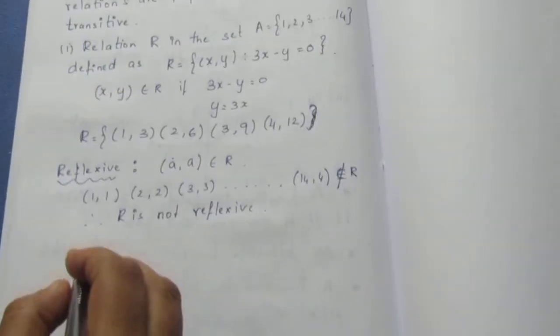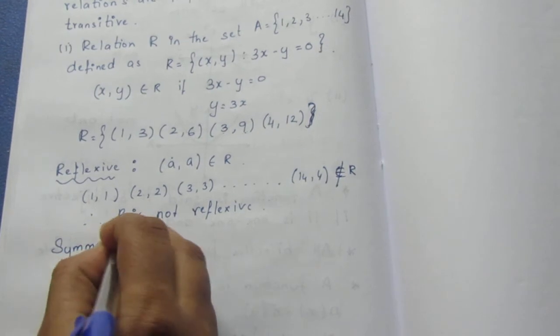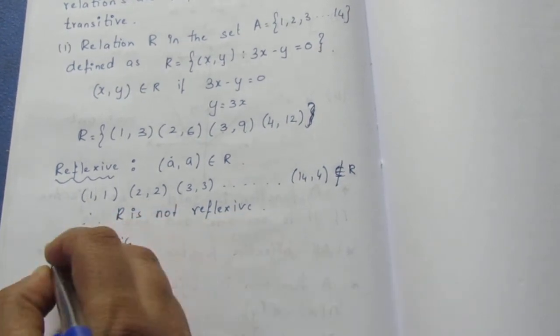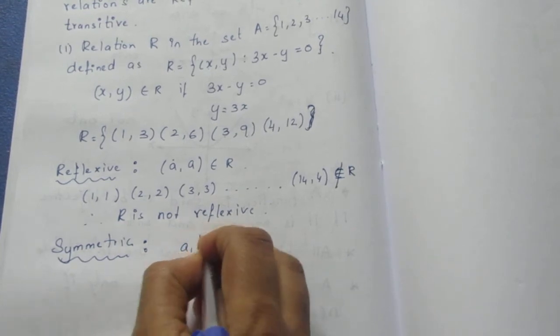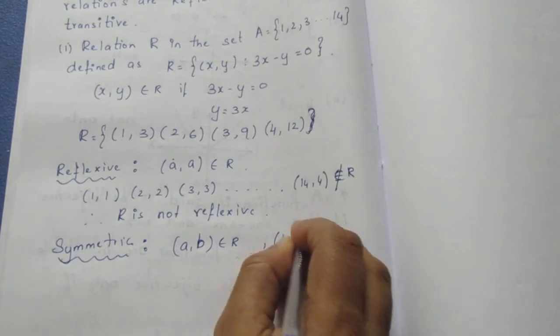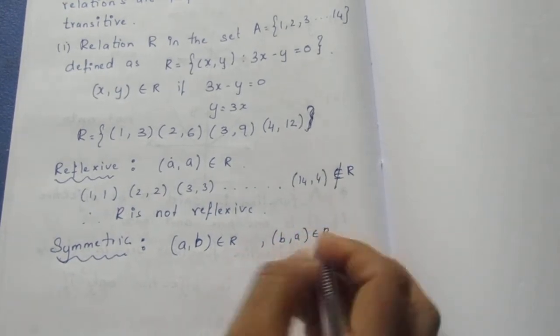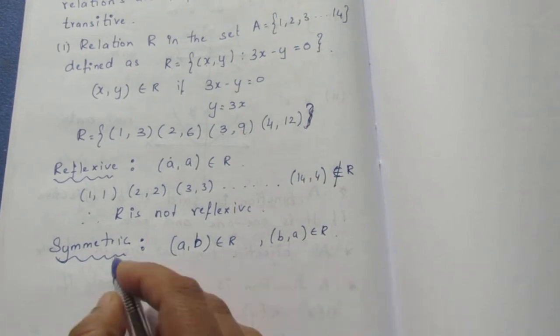We'll check with the symmetric. For symmetric, A comma B belongs to R and B comma A belongs to R. If A comma B is there, then B comma A should be there for symmetric.